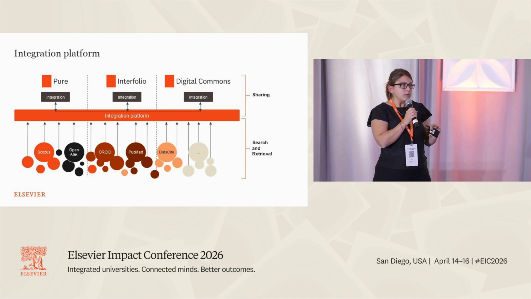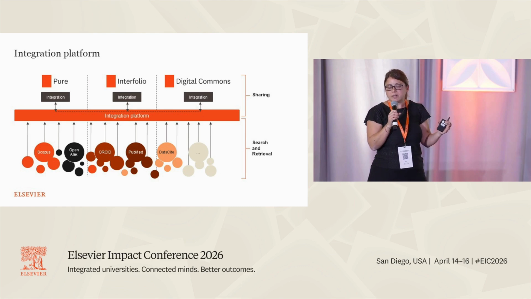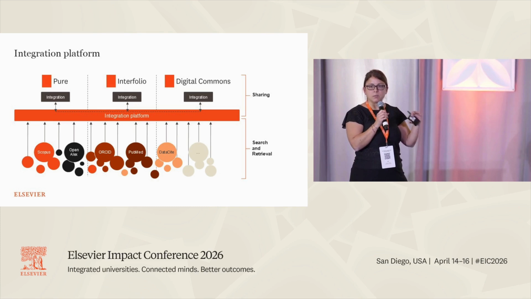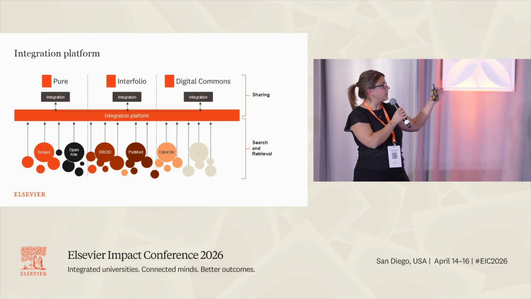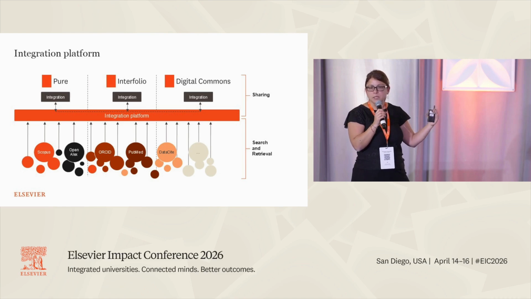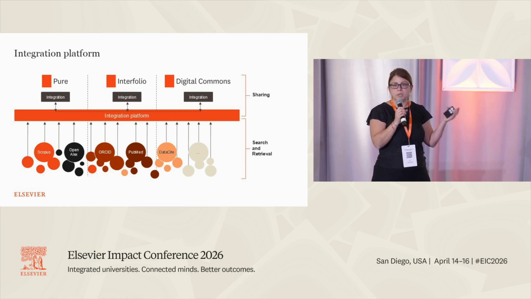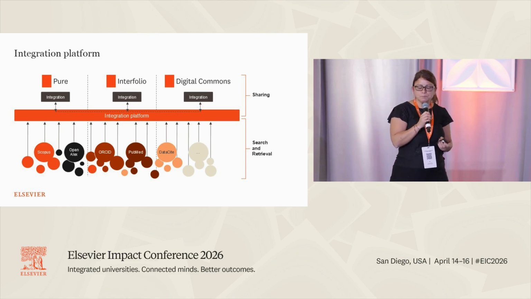This platform has two main capabilities that we have identified as important elements. One is the need to be able to share data between the different products. Data that lives in the integration platform is aggregated and standardized, and can be seamlessly shared between, in this case, Pure, Interfolio, and Digital Commons.